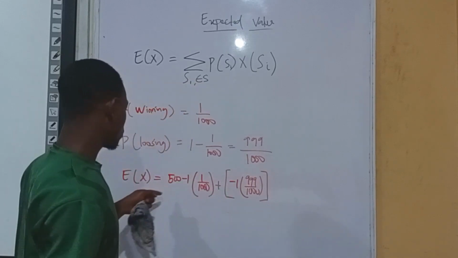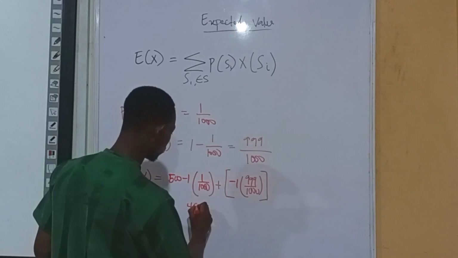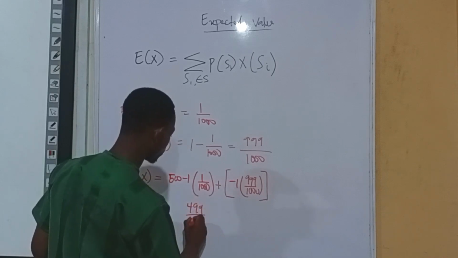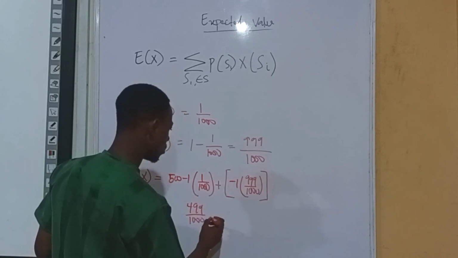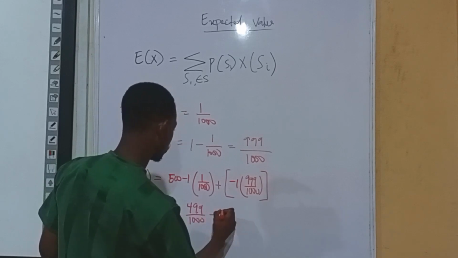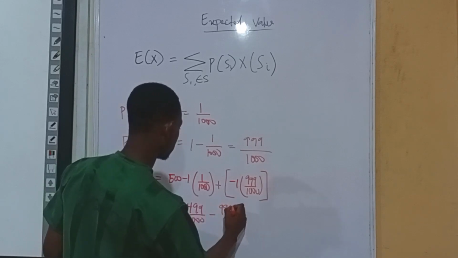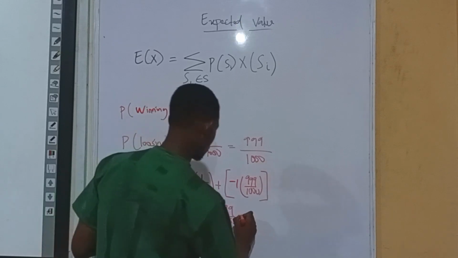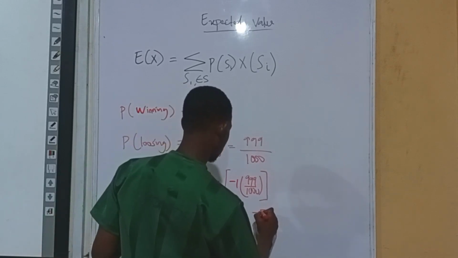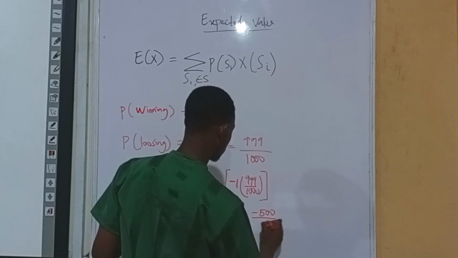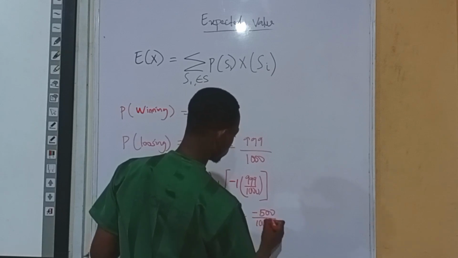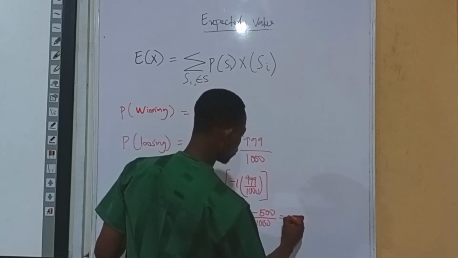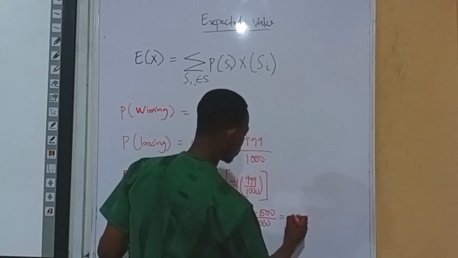So this one gives us 499 over 1,000 minus 999 divided by 1,000, which gives us minus 500 divided by 1,000. That's minus $0.5.